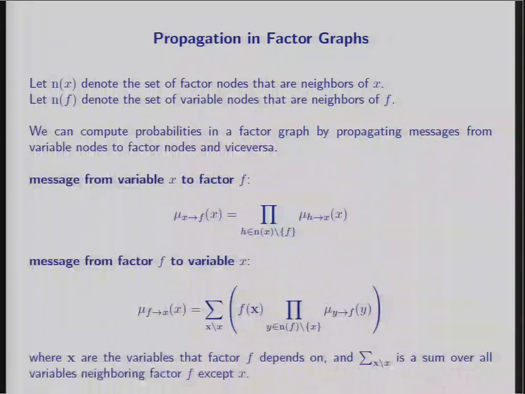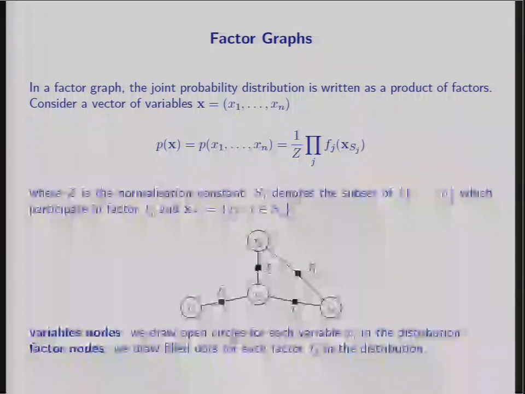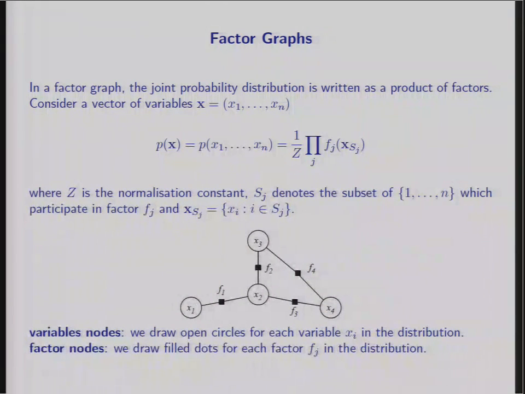And I'll try to explain the notation here. So the message from factor f1 to x2 takes the message from x1 to f1, multiplies it by the factor f1, which is a function of x1 and x2. It sums out x1, and that becomes a function of x2 that it sends on to x2. Okay?